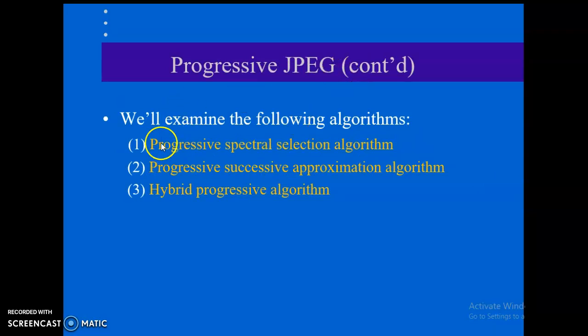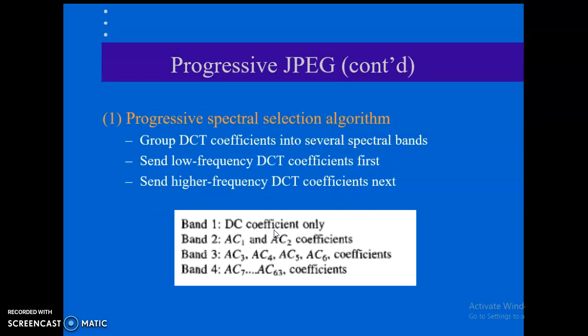Progressive JPEG continued. We will examine the following algorithms: progressive spectral selection, progressive successive approximation, and hybrid progressive.